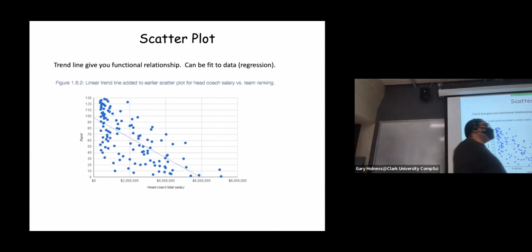Now, if we draw a so-called best fit or regression line, we're basically taking a function, in this case, y equals mx plus b, and we're finding the line that is the closest to all of the data points. And we won't talk about those algorithms. I'd be happy to do it another time in another place.